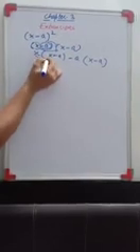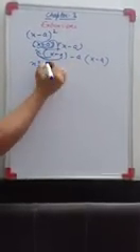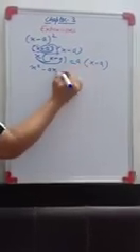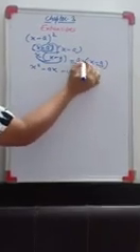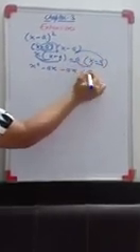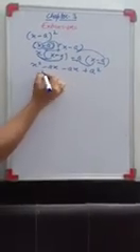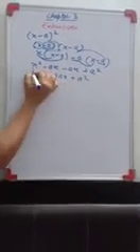So x into x, x square. x into minus a, it will become minus ax. Minus a into x, minus ax. Minus a into minus a, it will become how much? Plus a square. So what I am getting from here: x square minus 2ax plus a square, right?